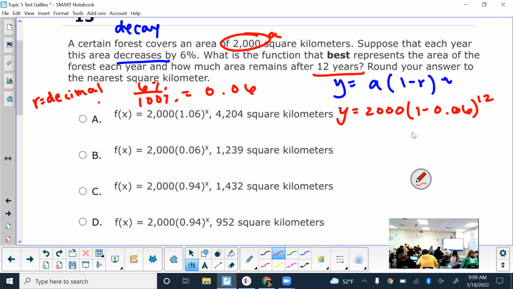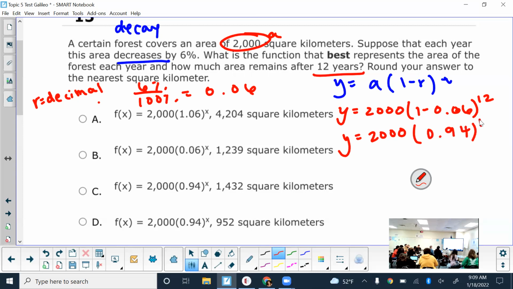All right, now if you look at your answer options, none of them have the number 1 in parentheses, like the 1 minus. So what did they do? Why don't they have the 1 minus in any of them? Because they already did the subtraction. What is 1 minus 0.06? 0.94.